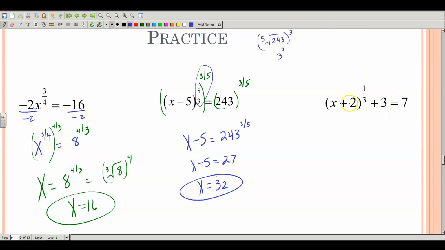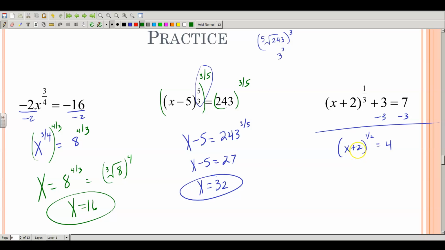Last one, over here, (x + 2)^(1/2) + 3 = 7. First, I would subtract 3 from everything so that we can, again, isolate this radical expression. So I have (x + 2)^(1/2) = 4. And then I'm going to square both sides. Now note, you could rewrite this x + 2 as the square root of x + 2.